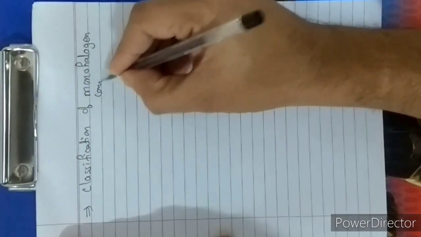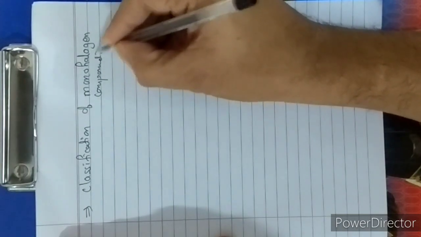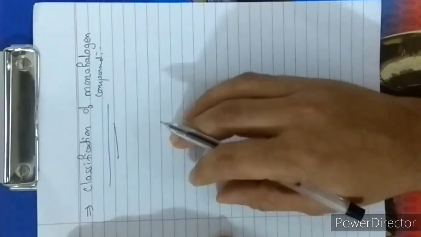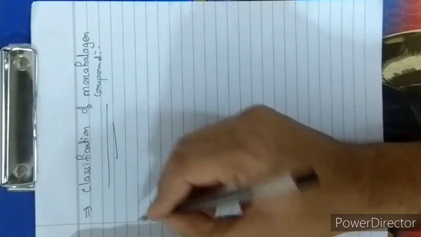Monohalogen compound. Now, what is this classification? Let's understand. It's very important.